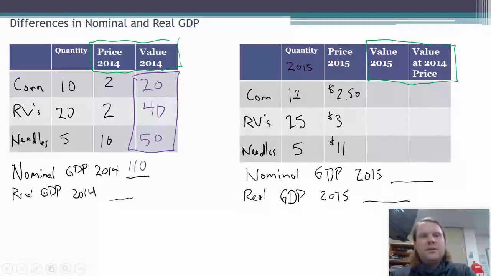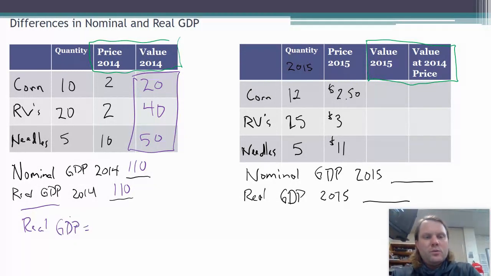Now, our base year is 2014, so our real GDP is going to stay the same, so that's also 110. As a quick review, real GDP equals GDP at base year prices.